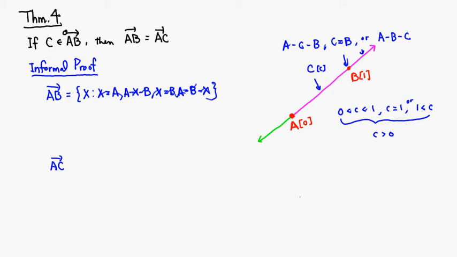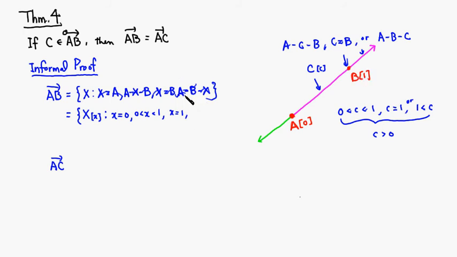But if you look at this in terms of coordinates, let's say the coordinate of x is lowercase x. If x is equal to A, then x has coordinate 0, because the coordinate of A is 0. If x is between A and B, then x is between 0 and 1. If x equals B, then x is equal to 1, because the coordinate of B is 1.